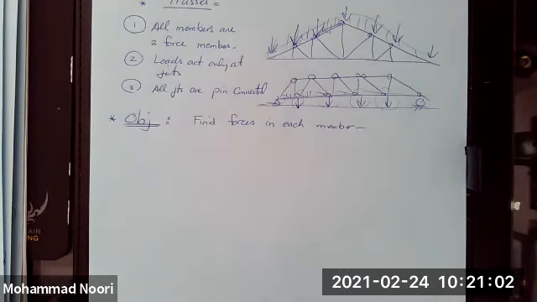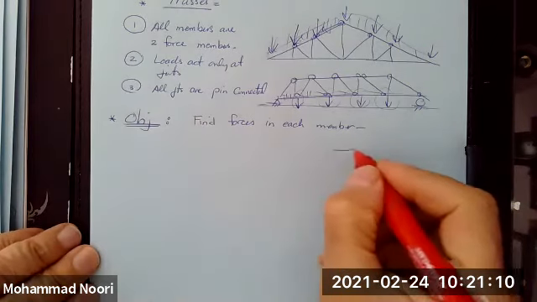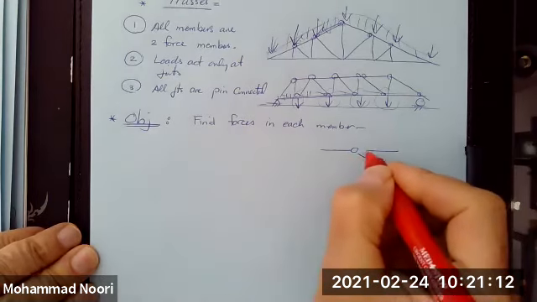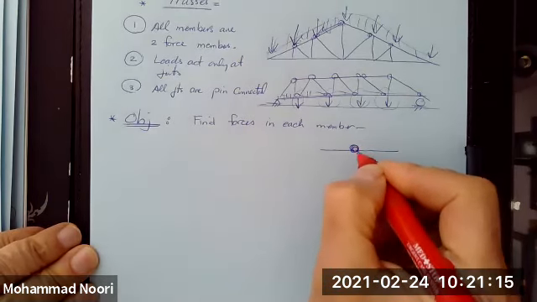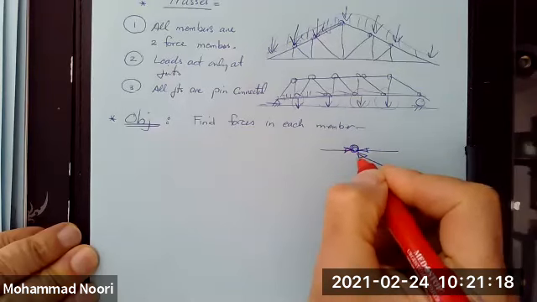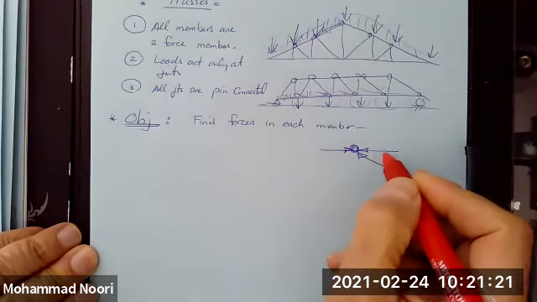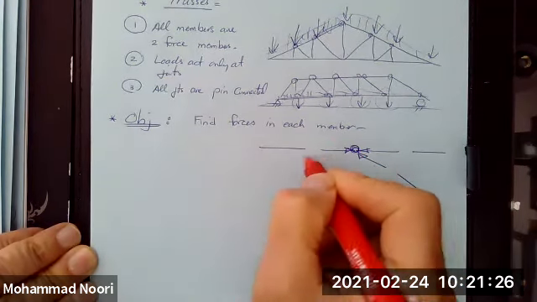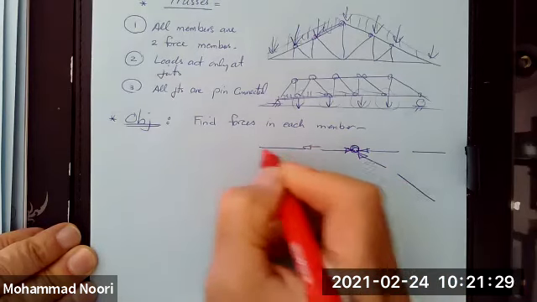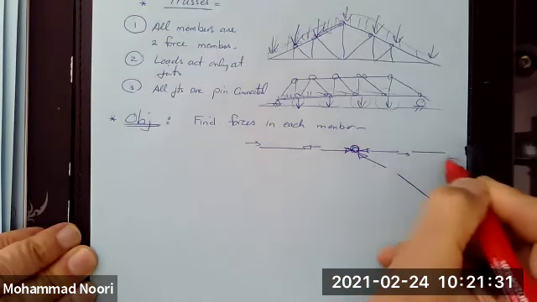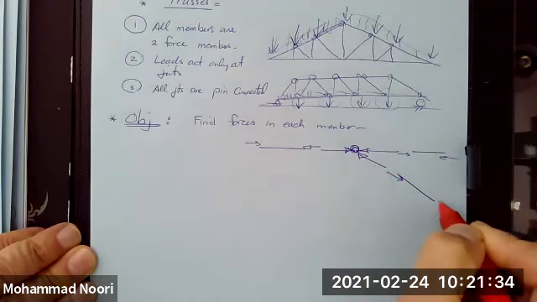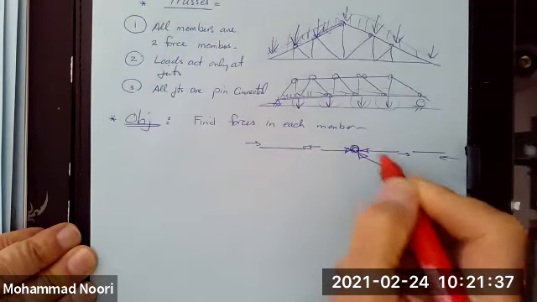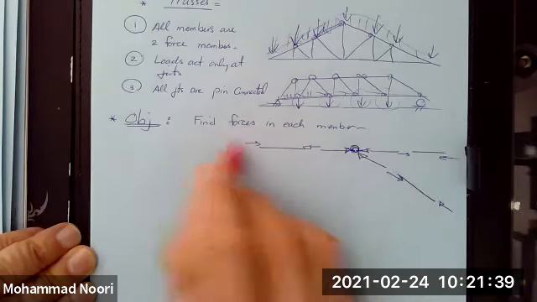So that's what we want to find out: forces that act internally at each joint. But remember, if this is a truss and, let's say, these three members come to that joint, the forces acting at that joint are the forces coming from the corresponding members, which are two-force members. So you have a two-force member here, a two-force member here, that is causing a force on these joints. So that's what we want to find.